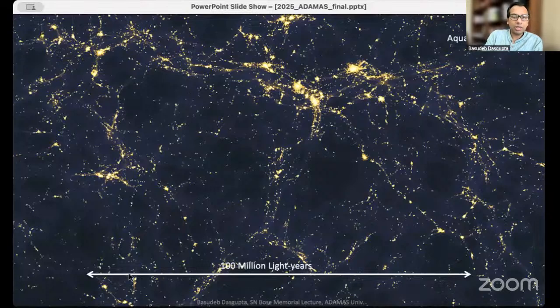And on this simulation, you can see that this arrow that I have put is approximately 100 million light years across. And on these largest scales, what is shown in yellow are the galaxies.